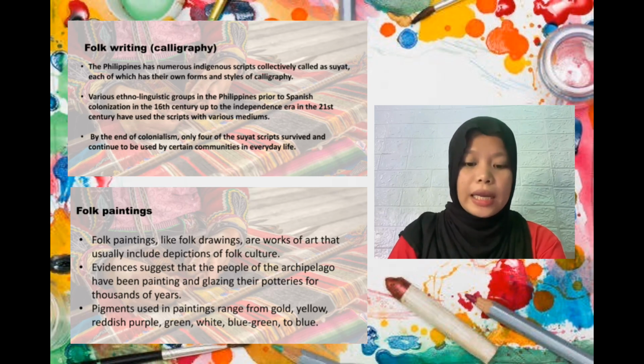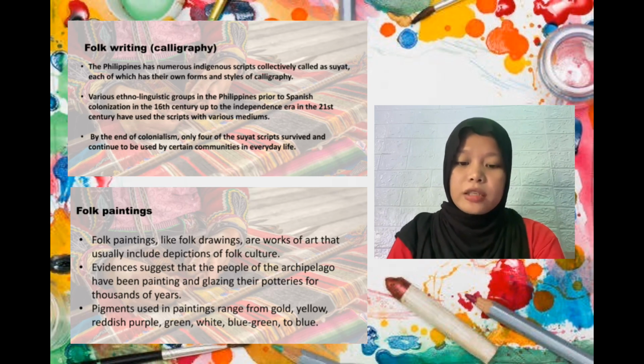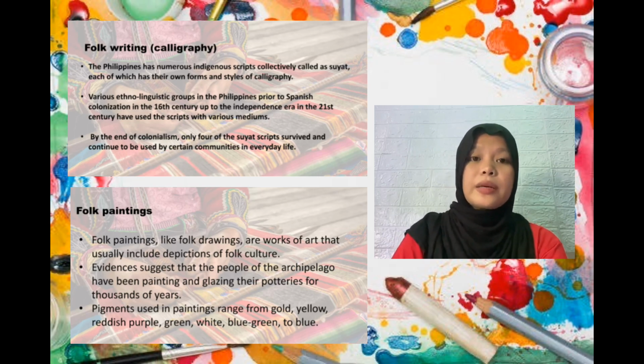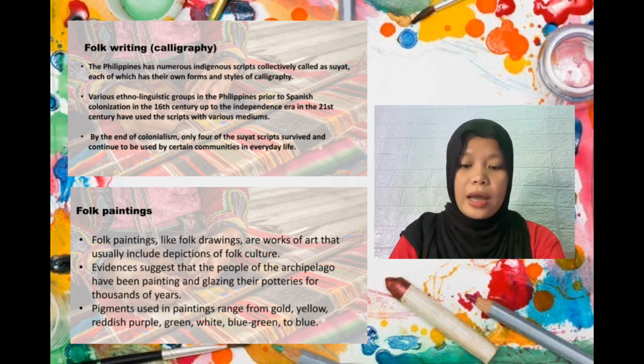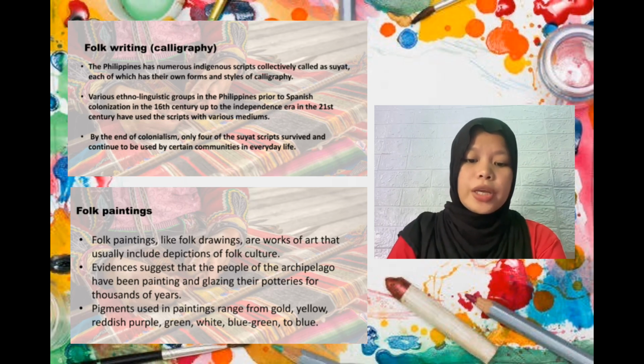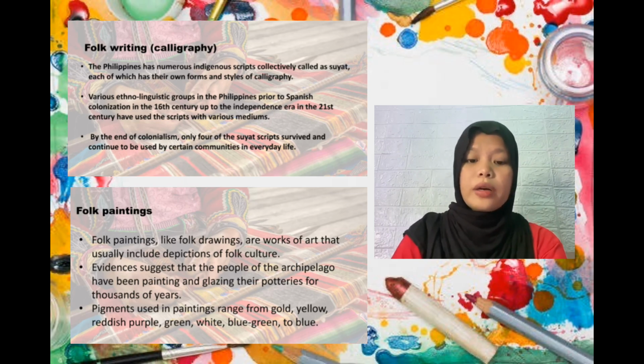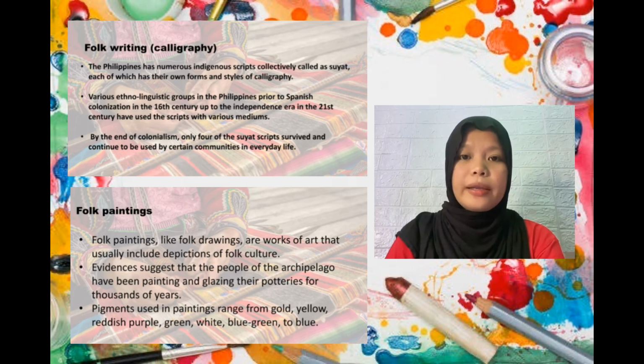So matagal na talaga ang practice ng painting sa Pilipinas. The pigments used in this painting come in different colors such as gold, yellow, reddish, purple, green, white, blue-green, and blue. These natural pigments helped shape the traditional artwork that we know today.